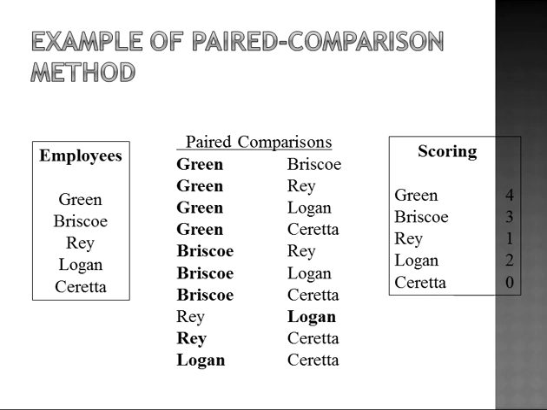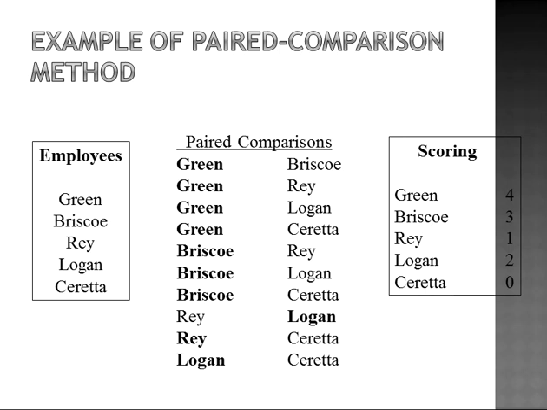So let's say the bold represents our scoring. We select Green as better than Briscoe, Ray, Logan, and Soretta; Briscoe better than Ray, Logan, and Soretta; Ray is not better than Logan, okay? Ray is better than Soretta, and Logan is better than Soretta.